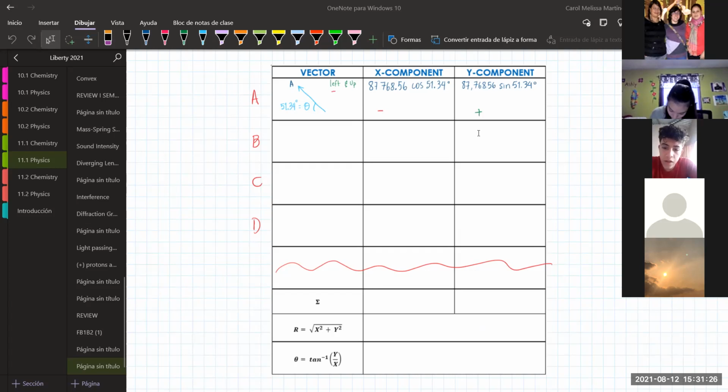Negative 54,828.81 Newton over Coulomb, and the positive one gives me 68,535.54 Newton over Coulomb.